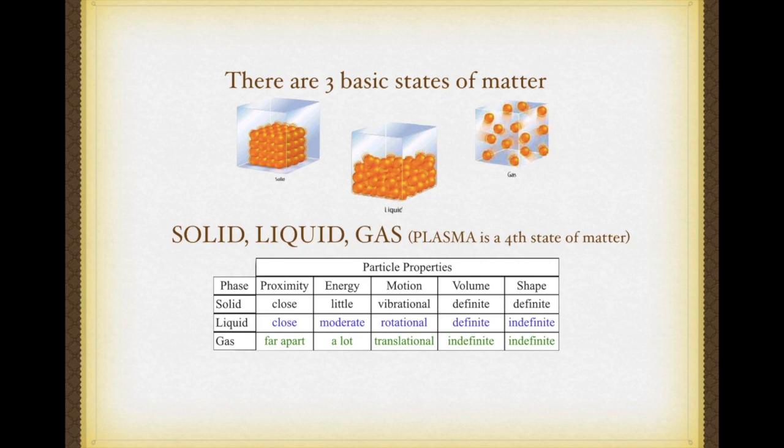Now, in a liquid, the atoms are vibrating a little more, so there's a little more energy. Liquids have a definite volume. So if I put 5 milliliters of water in a different shape container, the shape will change, but it still will be 5 milliliters. So let's say I have 12 milliliters of orange juice in a very thin cup.